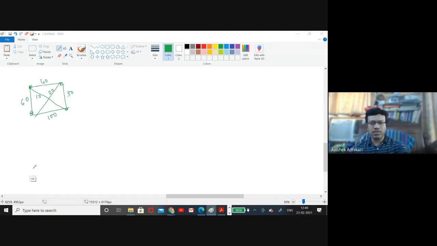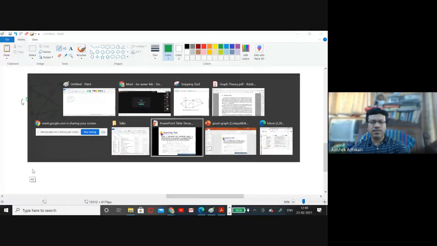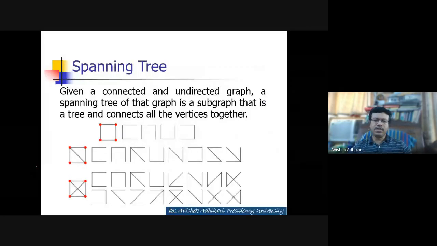So let us have a look at some examples, and there are very interesting constructions or algorithms. Two very popular algorithms are there for finding this minimum spanning tree. Just now I have given a connected and undirected graph. A spanning tree of that graph is a subgraph that is a tree and connects all the vertices together.